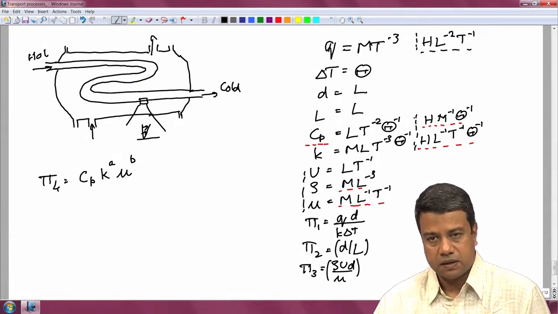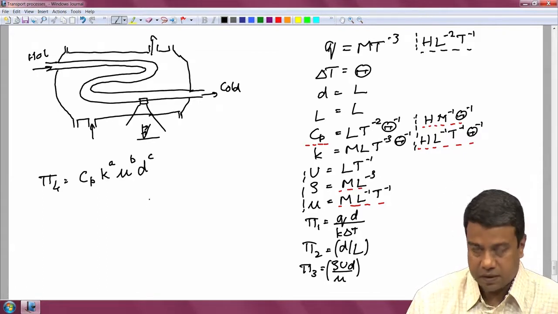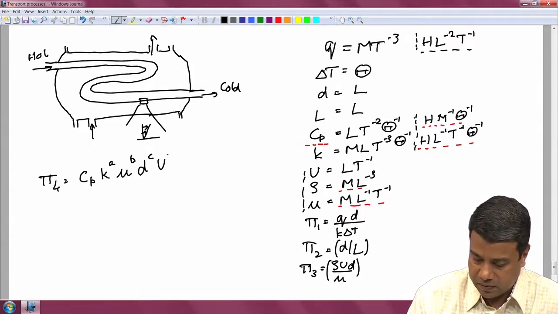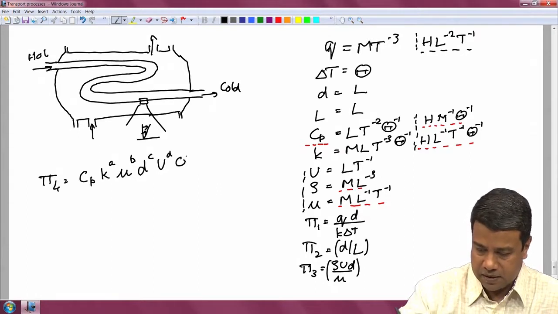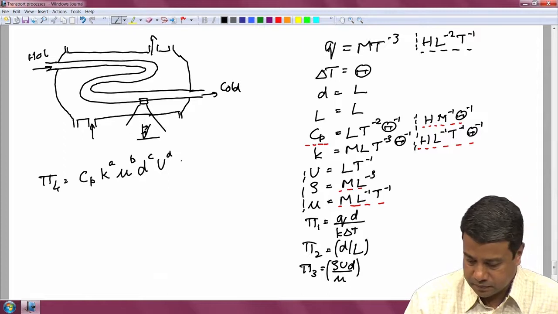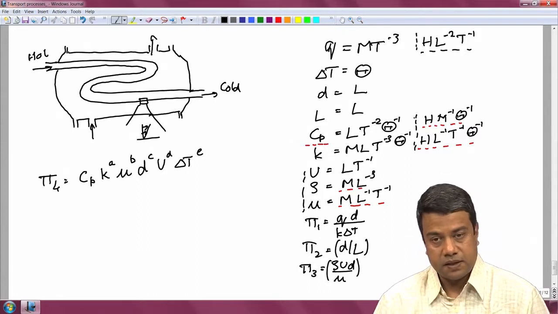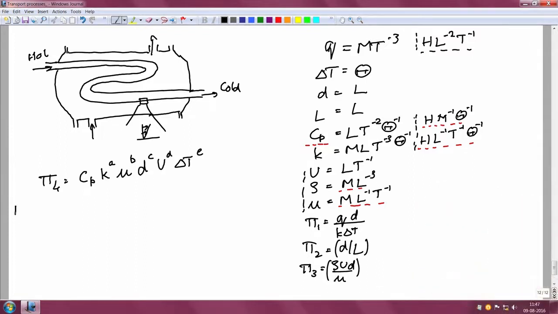The length dimension of course will be d. The time dimension I can get from the velocity, u per d, and the temperature dimension I will get from the temperature difference. So, this involves thermal energy, the mass, length, time and temperature. My equation looks a little complicated.